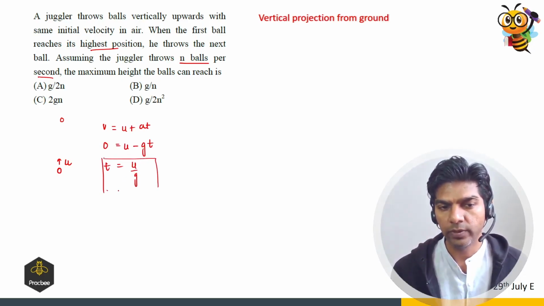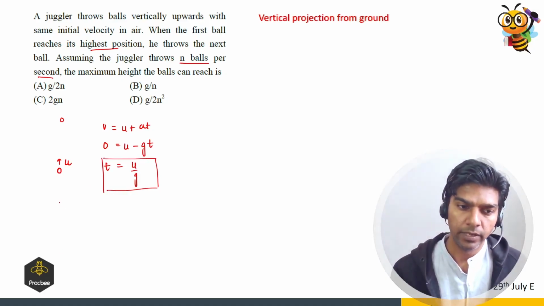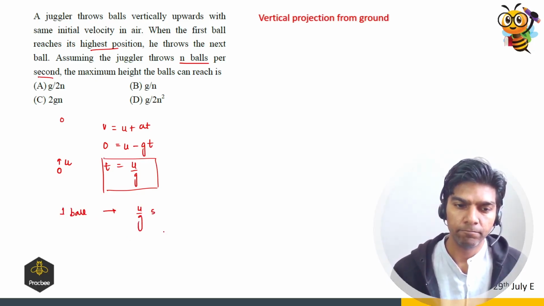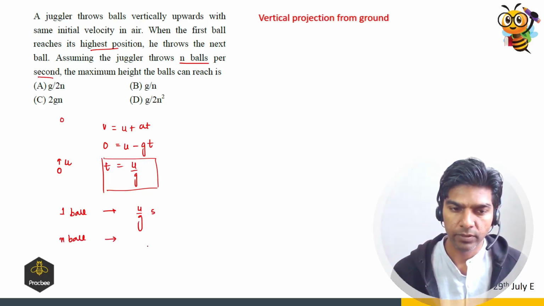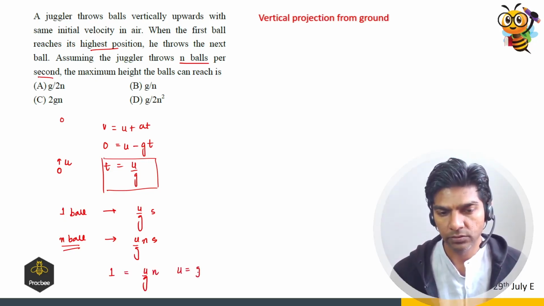So one ball is being thrown in u by g seconds, and for throwing n balls, it will be u by g times n seconds, right? And the juggler is throwing n balls in 1 second. So 1 is equal to u by g times n, or we can say u is g by n.